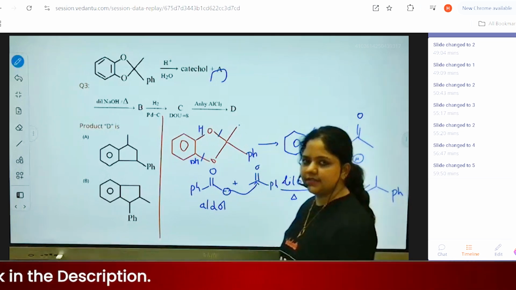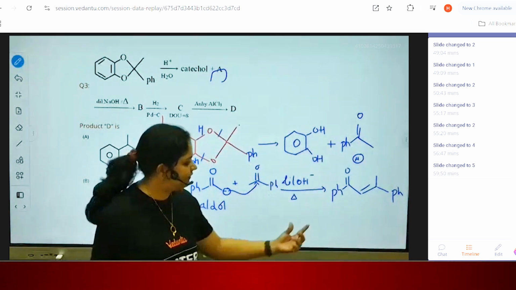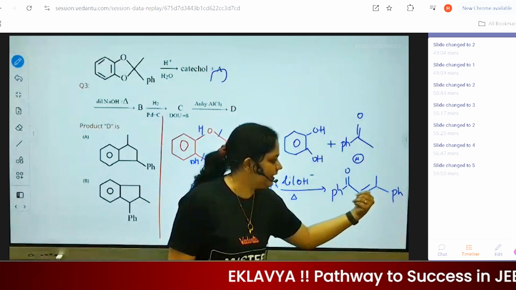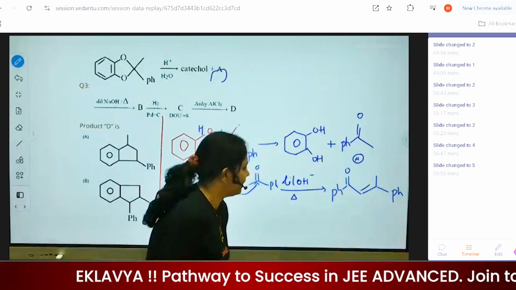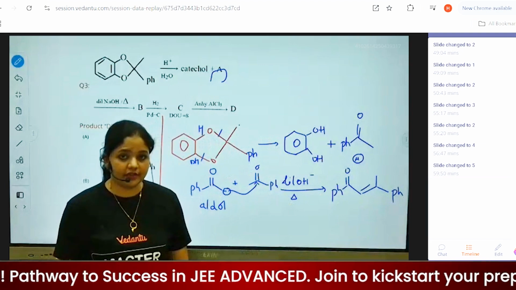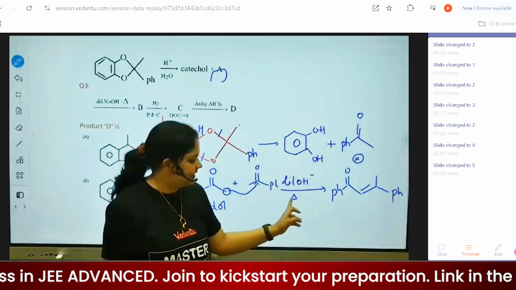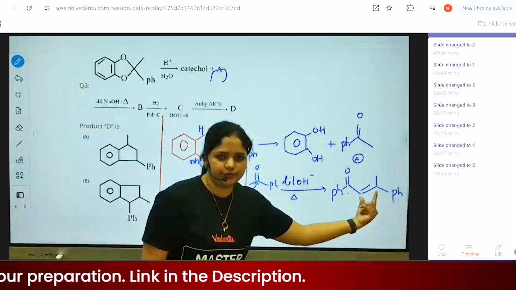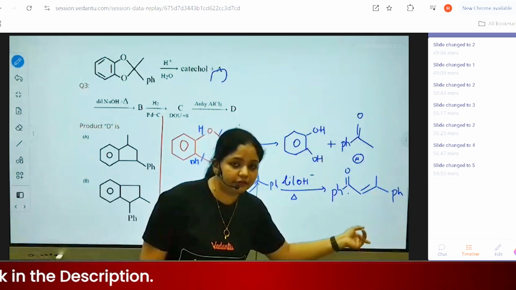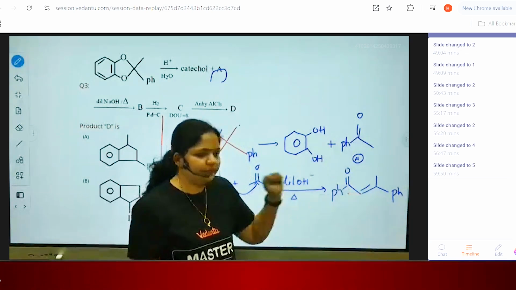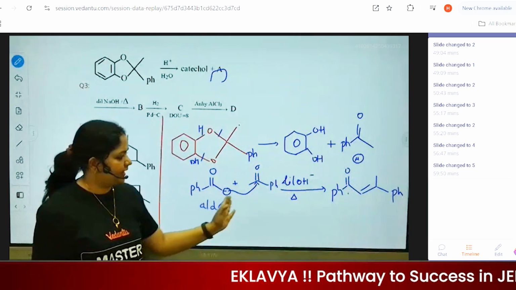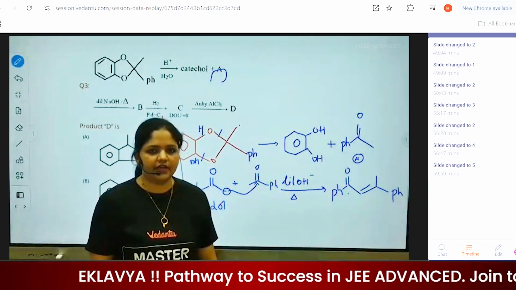Yes, this is the compound which has been formed, an alpha beta unsaturated carbonyl compound. When there is heating, removal of HOH takes place and an unsaturation is produced. If heating is not there, there will be one OH group attached. So now I have formed the product based on the aldol condensation. This is the product which I have got.